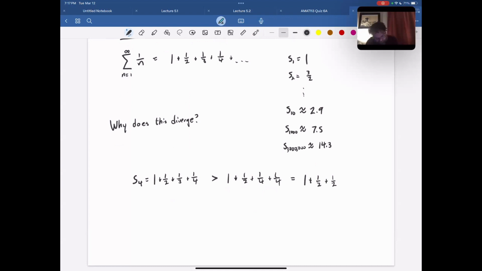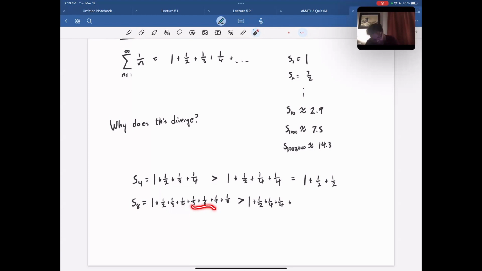Now, the next one that I want to look at is S8. Let's see if I left myself enough room to write this out. Now we're going to play the same game. This is going to be greater than 1 plus a half plus 1/4 plus 1/4, and that's dominating this.